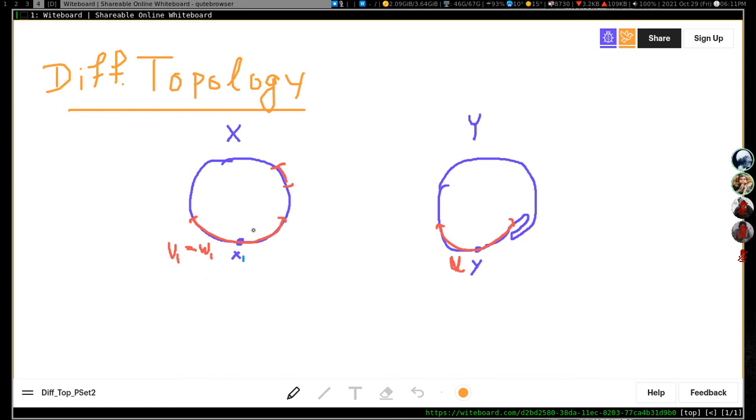So my map from X to Y basically just wraps things around, but it also pulls this extra little section and doubles or triples up over on one side. Now, X has a neighborhood W1, which maps over onto a neighborhood of Y, so everything's great there.